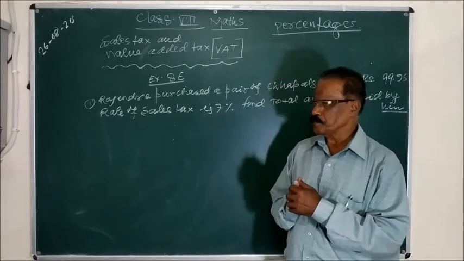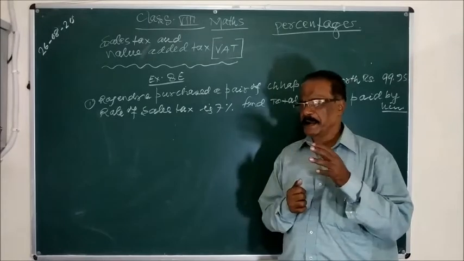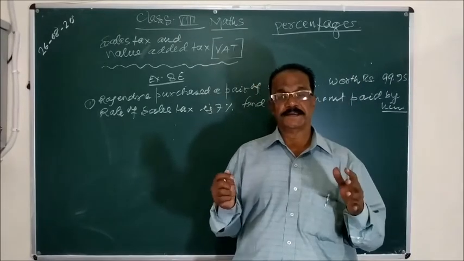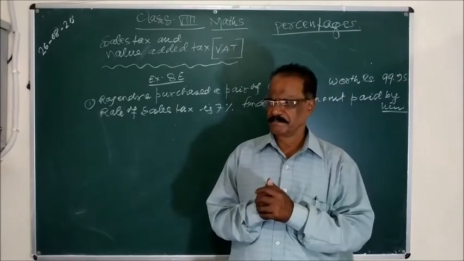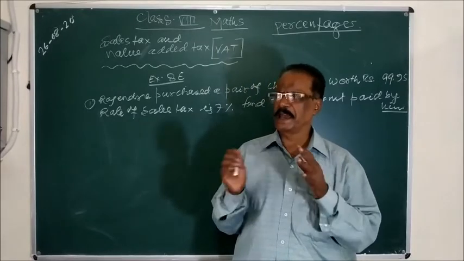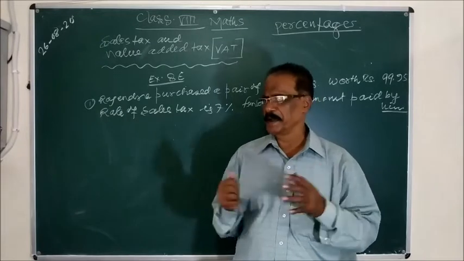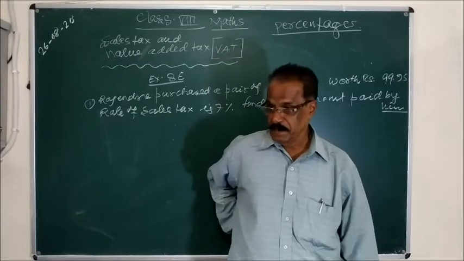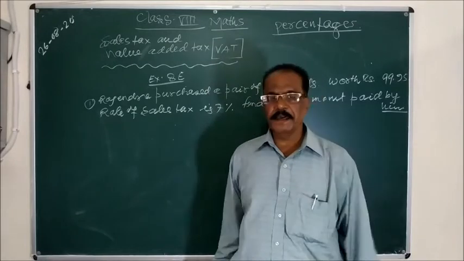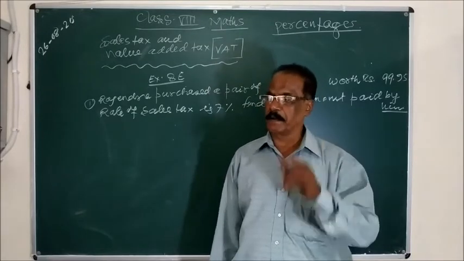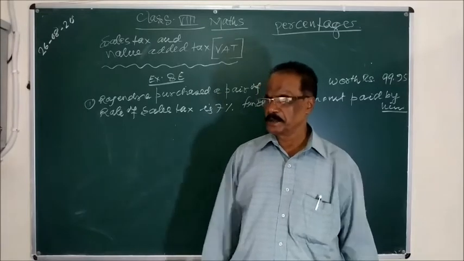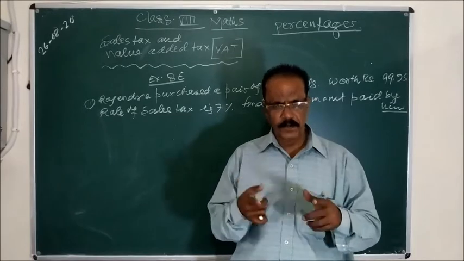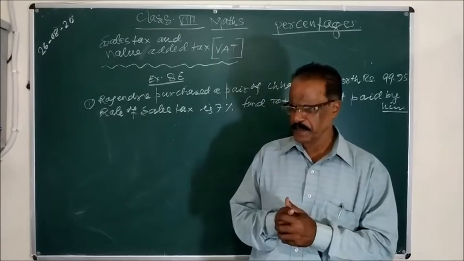Students, the state government imposes some taxes on the selling of commodities. The tax that is imposed by the state government on the selling of items is known as sales tax.